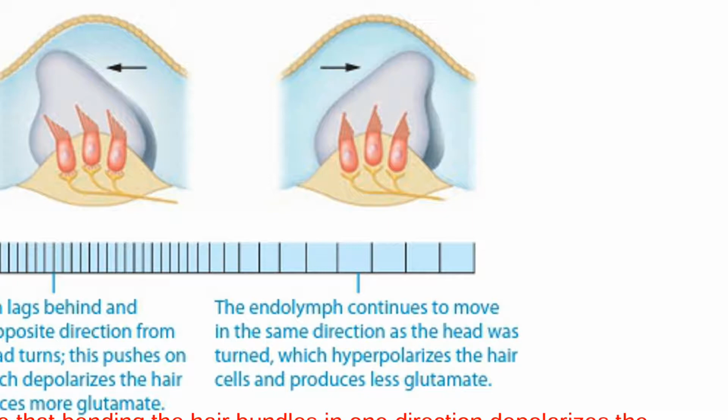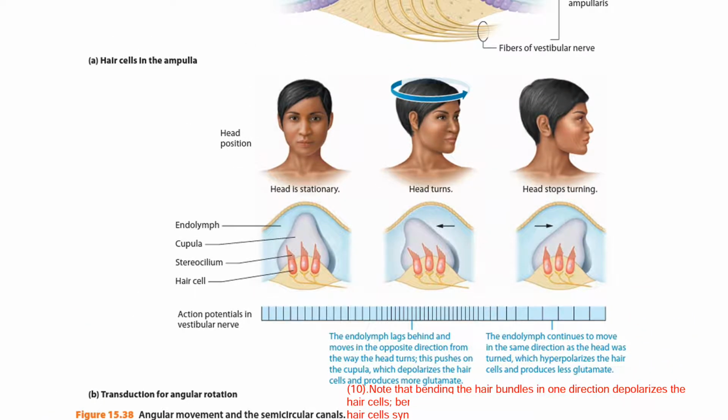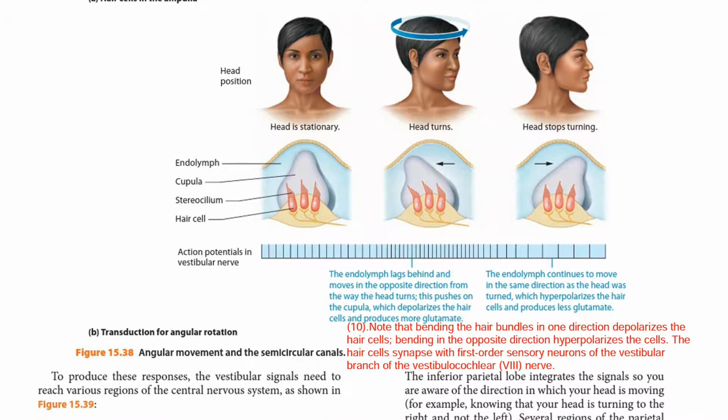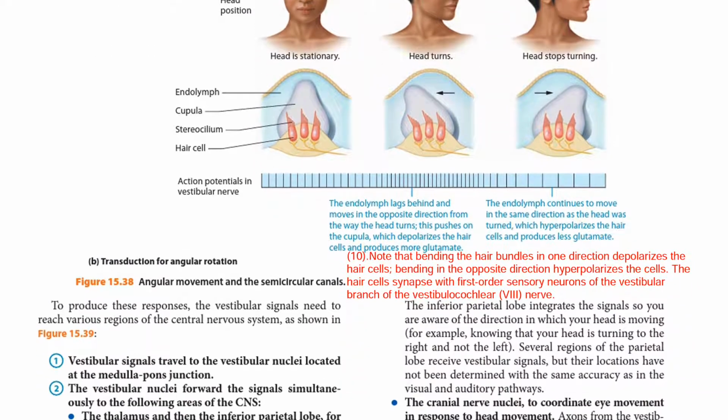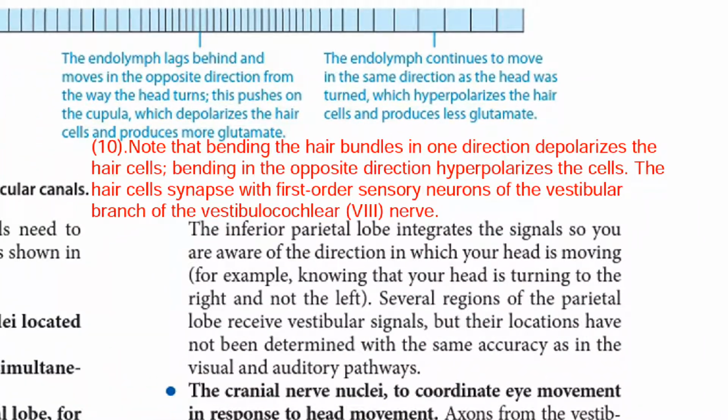And as the hair cells are hyperpolarized, they produce less glutamate. So now this is the 10th point.